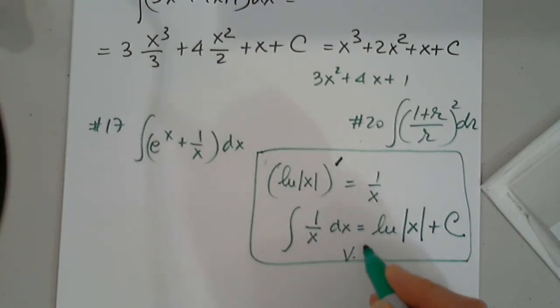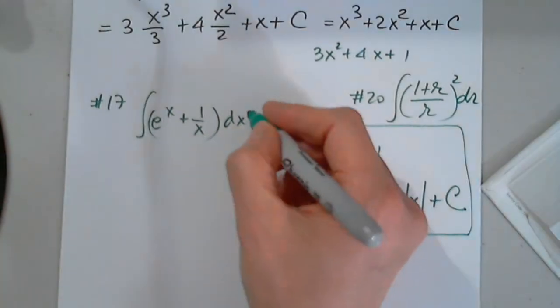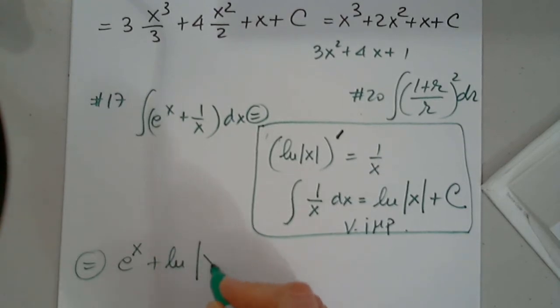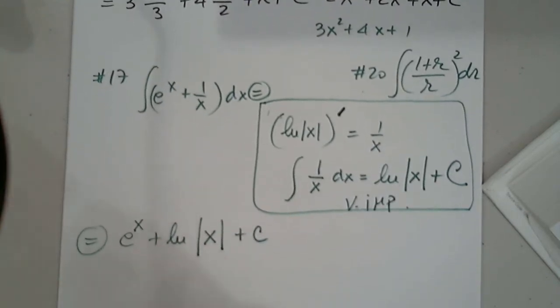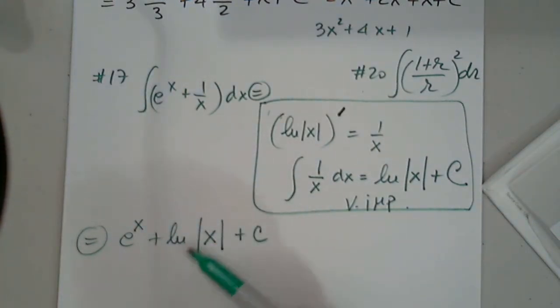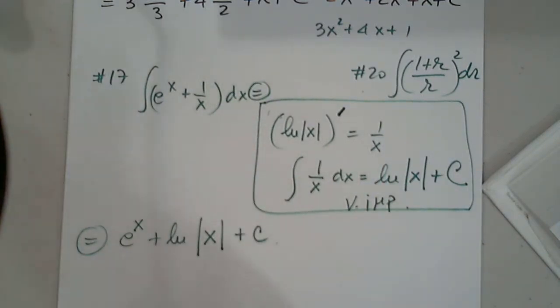Okay, very important. Good, so then this integral is e to the x plus natural log of the absolute value of x plus a constant c. If I want to differentiate this, I get e to the x. When I differentiate this, I get 1 over x. When I differentiate the constant, I get 0.